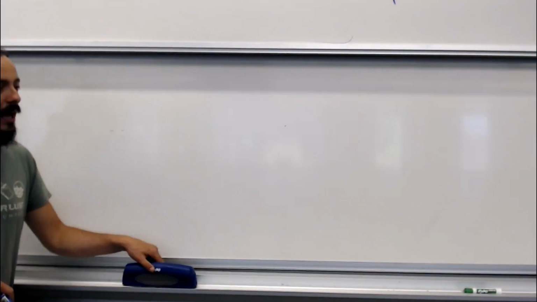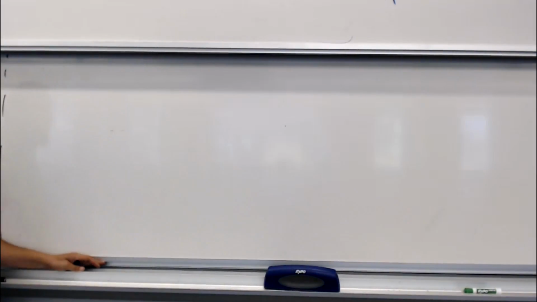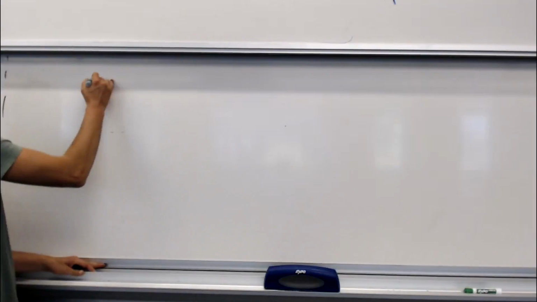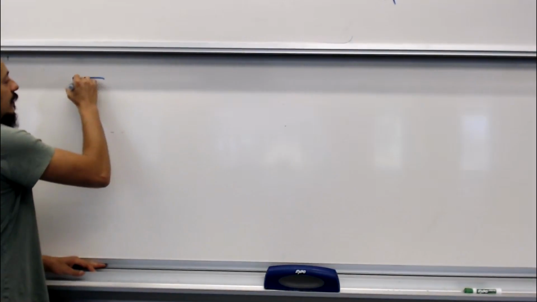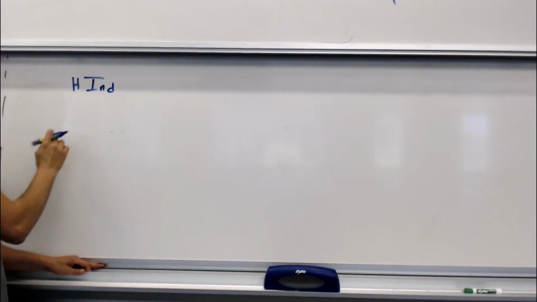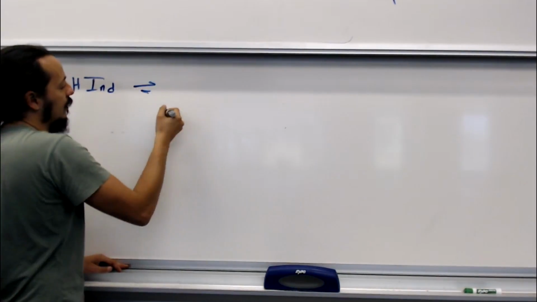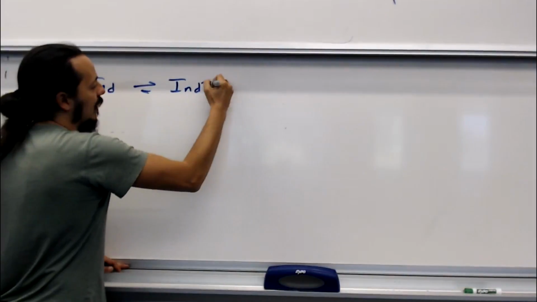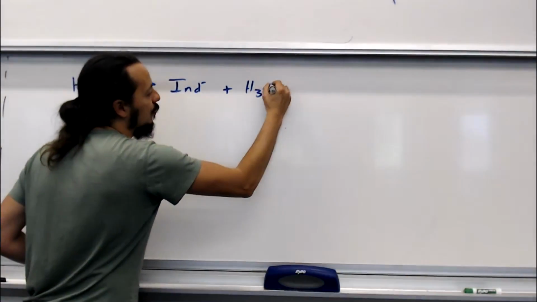Indicators. Indicators indicate through color change. When we look at an indicator, we can generically write down our indicator chemical reaction as HIND, my protonated version of the indicator, goes to IND minus plus H3O plus.